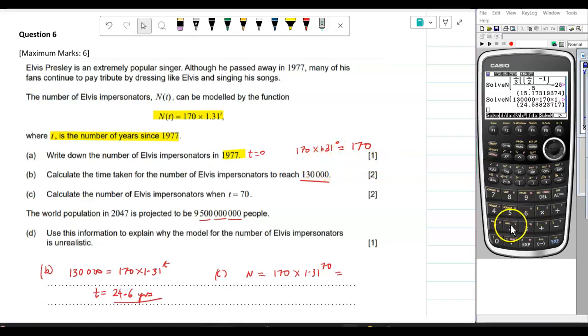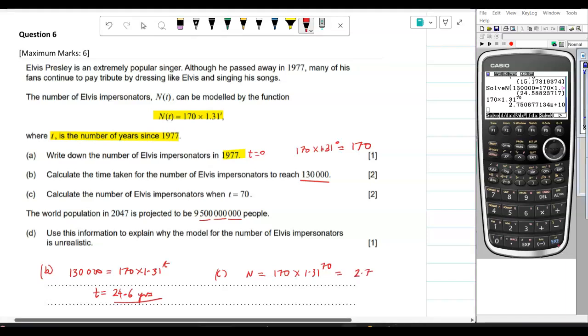So if you do this, 170 into 1.31, because the answer is here actually, raised to 70. How much are you getting? 2.75.